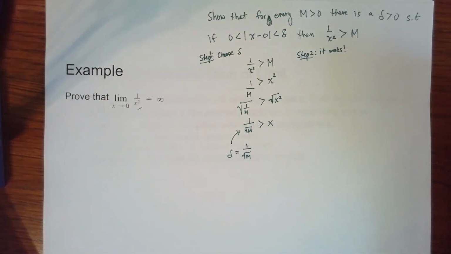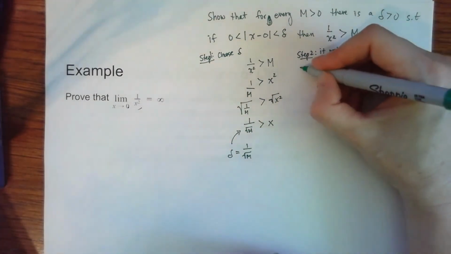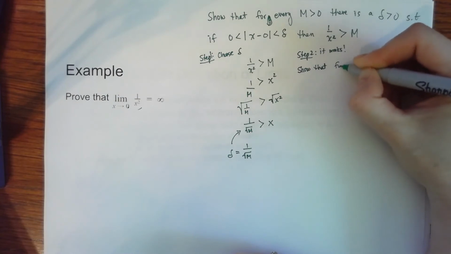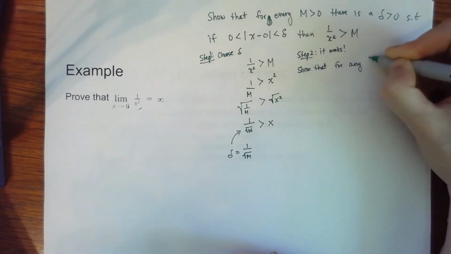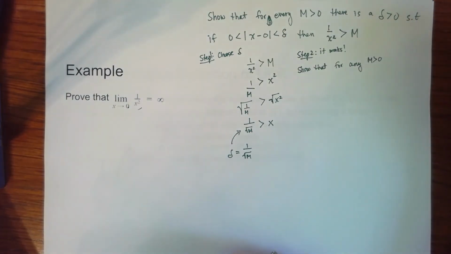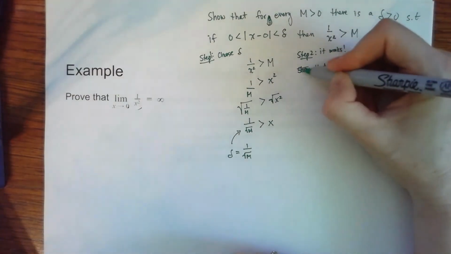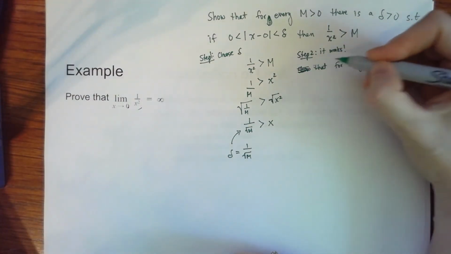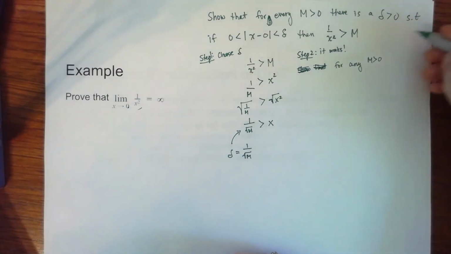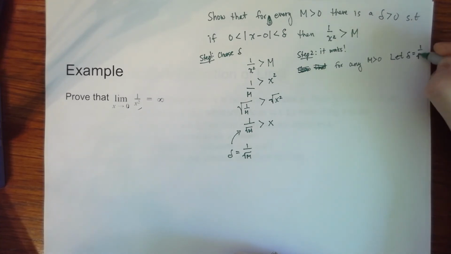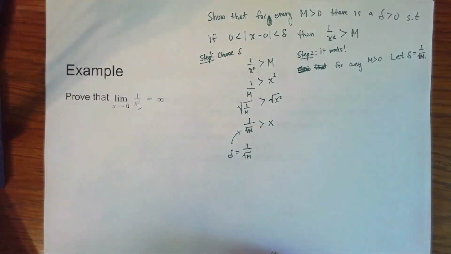So we need to show that for any positive value of m, we're just going to let delta equal 1 over the square root of m.